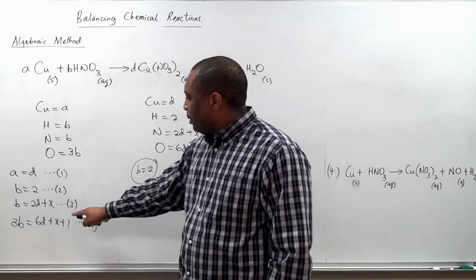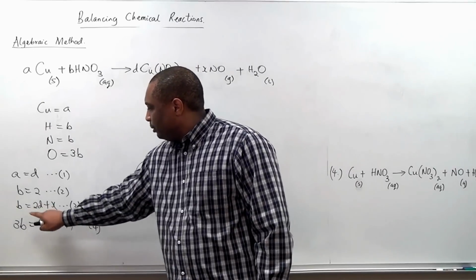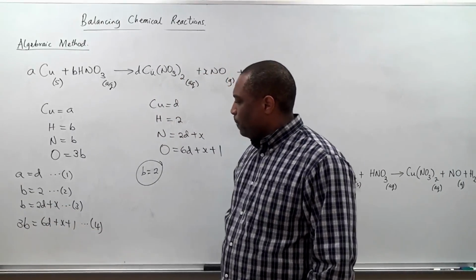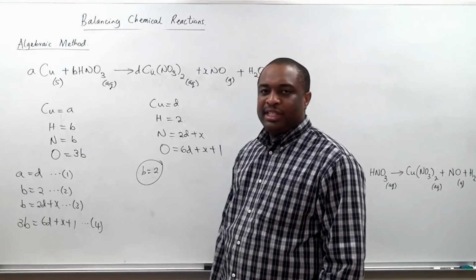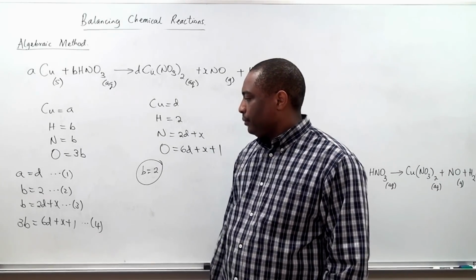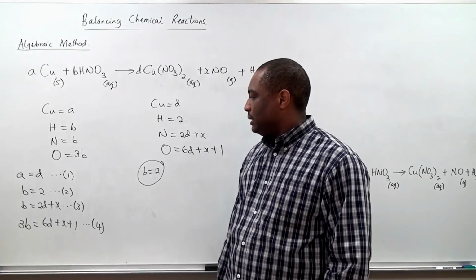Then we see that we'll be stuck here. Here we have a B, but we have D and X, and then here we have B and we have D and X. So it's pretty much that we will combine equation 3 and 4 and solve it as linear systems.